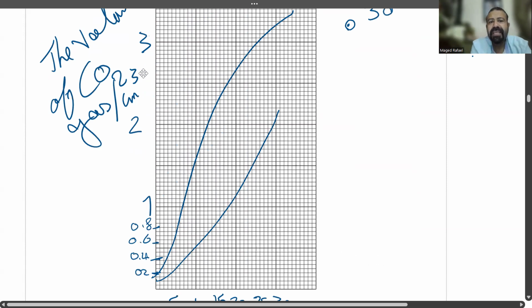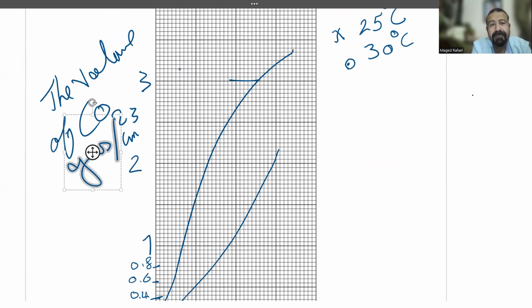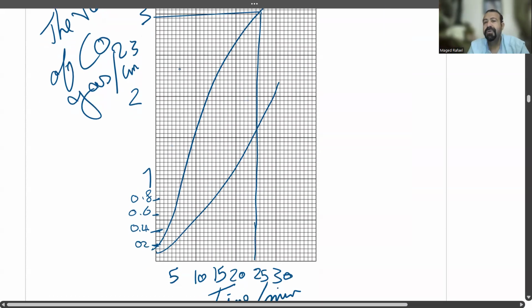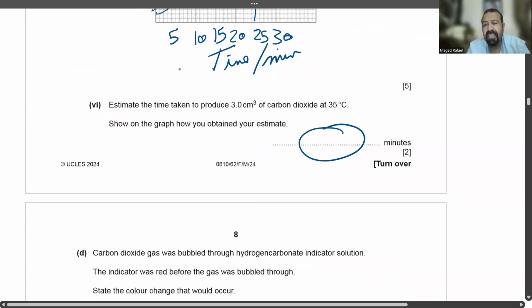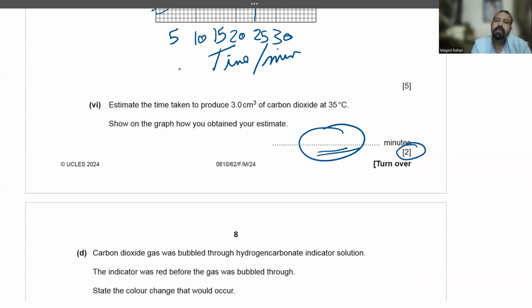So handle 3 exactly, and you should draw this, please Abdelrahman. Don't do it by sight. You must, because there is a mark, show him on my grid how we could get the estimated number. Okay. He said at 3 we check the time taken, and you will write the time per minute here. It is a 2 marks question because you will show him on the graph how you could get the data or the minutes.